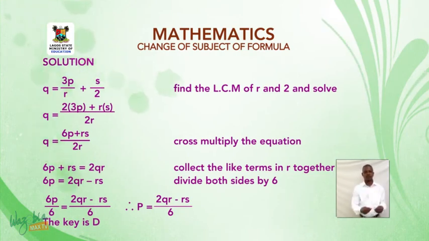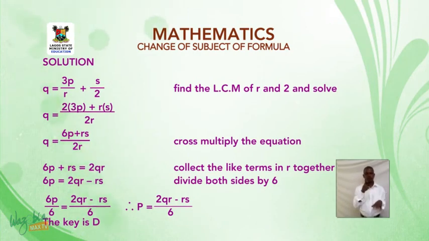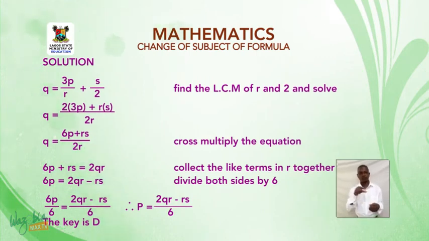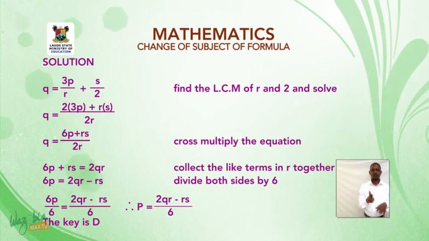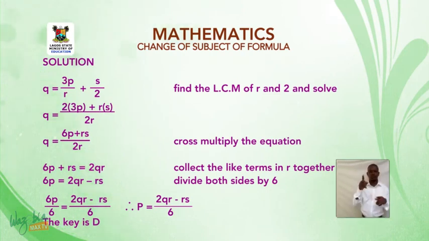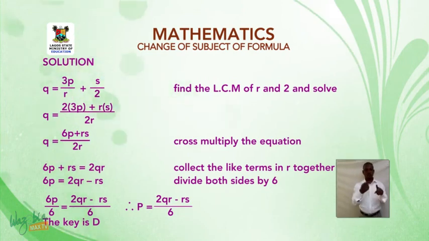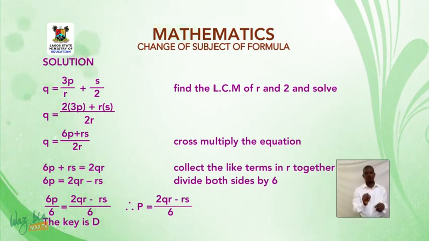Solution. Q is equal to 3P over R plus X over 2. Find the LCM of R and 2 and solve. Q is equal to 2 bracket 3P plus R bracket X over 2R. Q is equal to 6P plus RX over 2R. Cross multiply the equation. 6P plus RX is equal to 2QR.